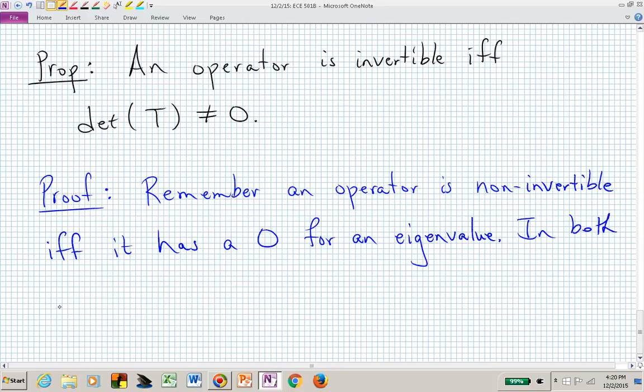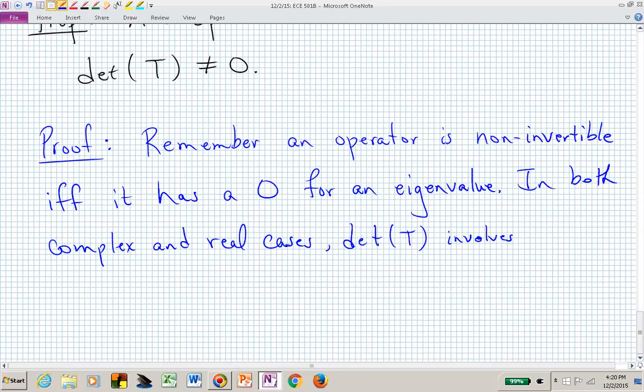And in both complex and real cases, the determinant of T can be determined by forming a product of the eigenvalues. The determinant of T involves a product of eigenvalues.